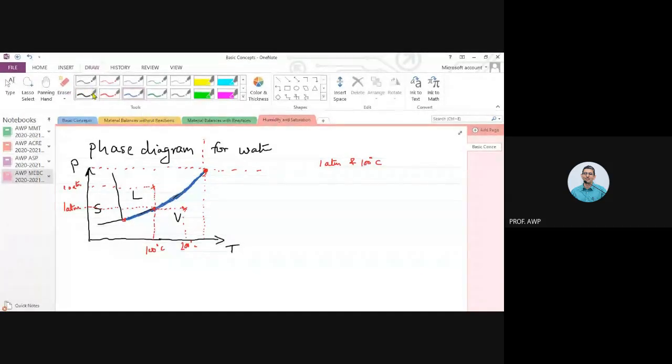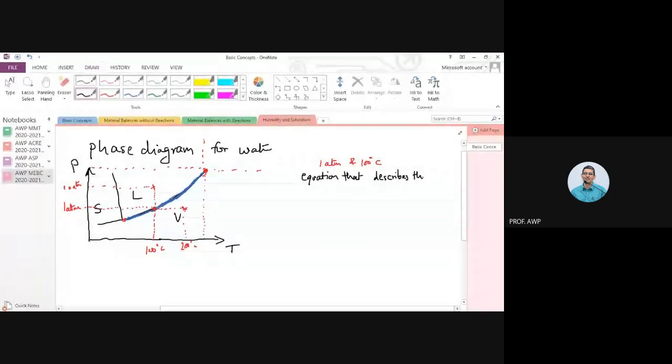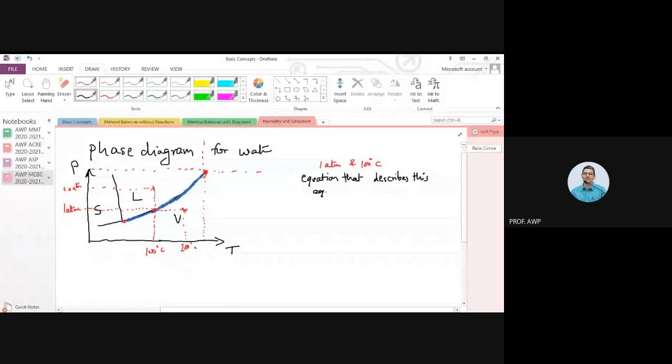Okay, so we need to have an equation that describes this equilibrium between liquid and vapor state.